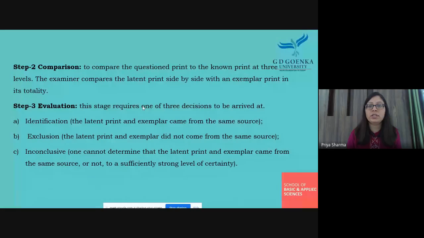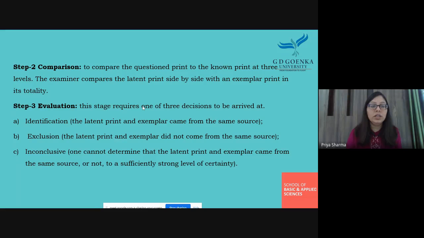They will compare the first, second, and third level details, and then move to the evaluation. In the evaluation, they will see how many characteristics are matching and how many are not matching; 12 to 16 characteristics are acceptable. Then they move to the conclusion: if they are not matching, they will exclude it, and if sufficient characteristics are not present, they may call it an inconclusive result.